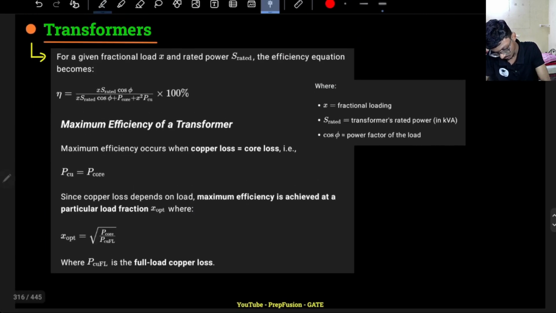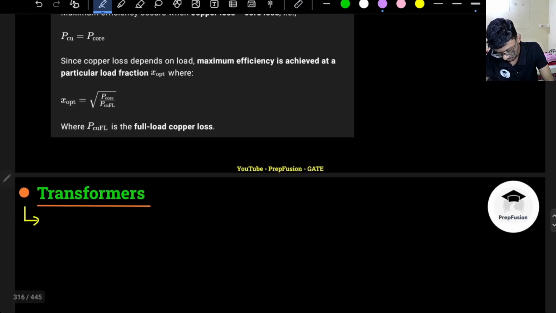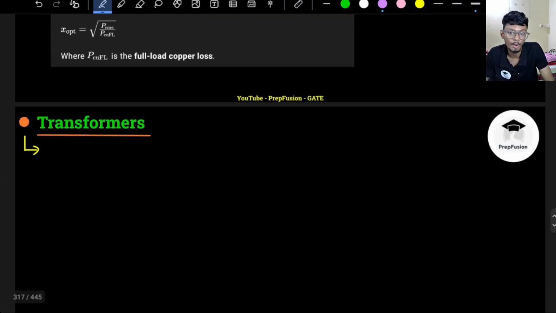So this was the maximum efficiency condition when I change my loading. Loading is changed.